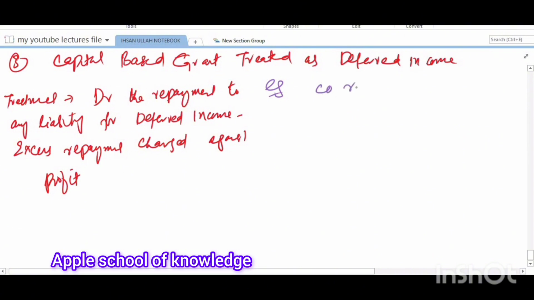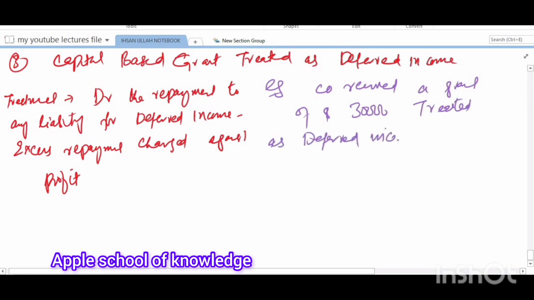Example, a company received a grant of, let's say, 30,000 and treated as deferred income. Now they repay, let's say, 12,000.